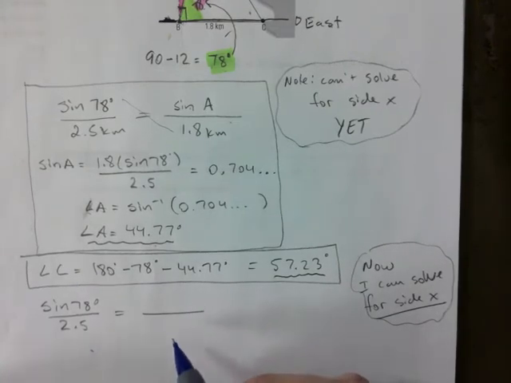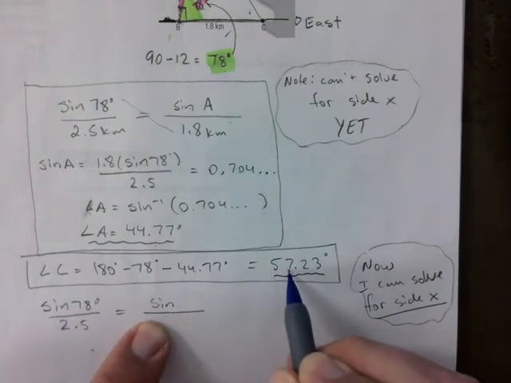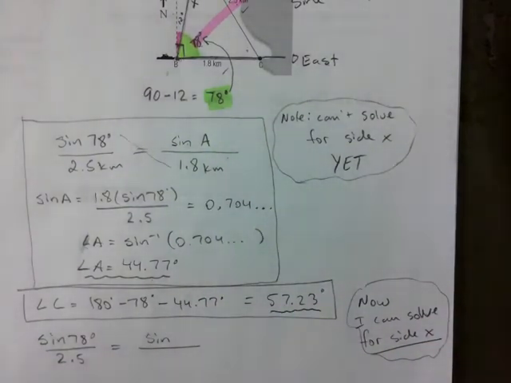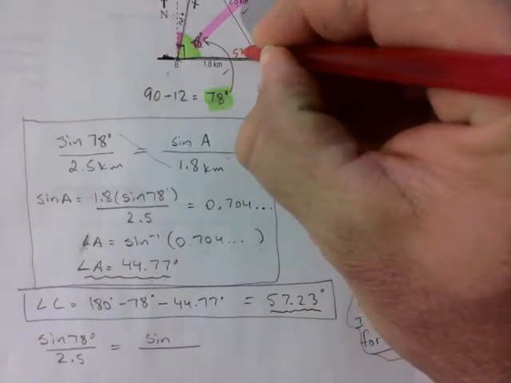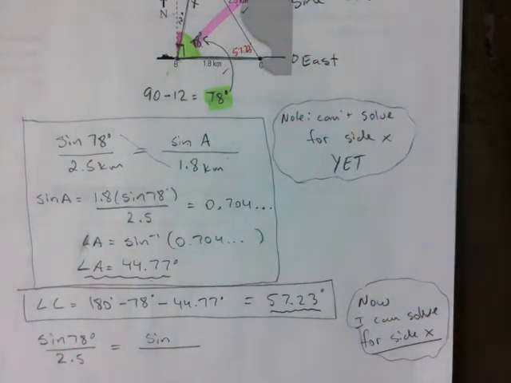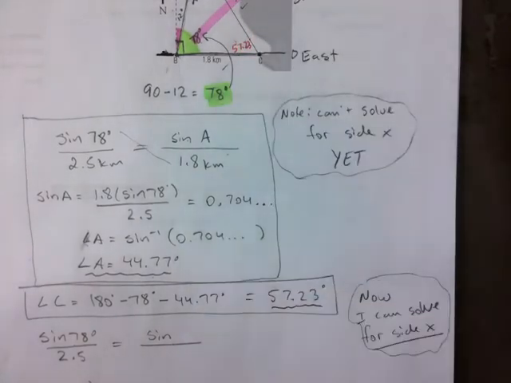And now you got to be careful. Sine of 57.23. Why don't we write that in as well? This angle here is 57.23. Way up there, right? So that is across from the side that I'm interested in.